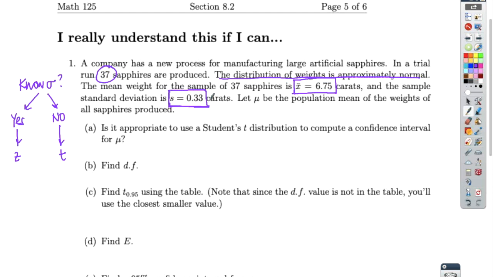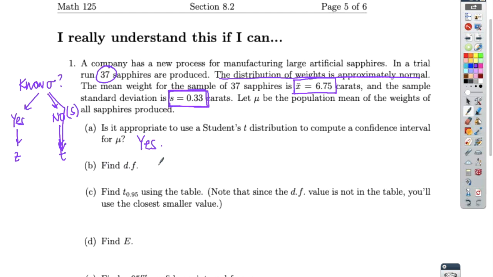We know s. We don't know sigma, we know s. If the answer is no, you will know s. So yes, it is appropriate for me to use t, the student's t distribution, to compute a confidence interval for mu. Also, like I said, the sample size is big enough that we didn't really care if the weights were normally distributed. So all of this is good.